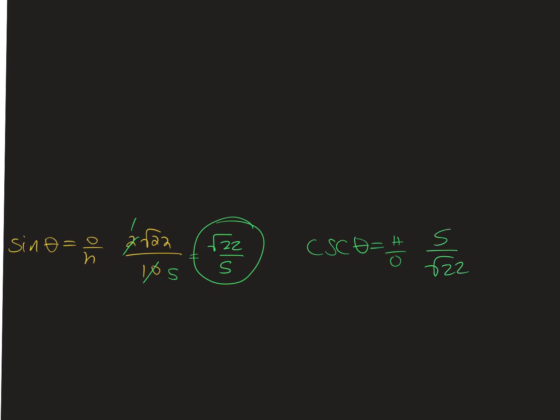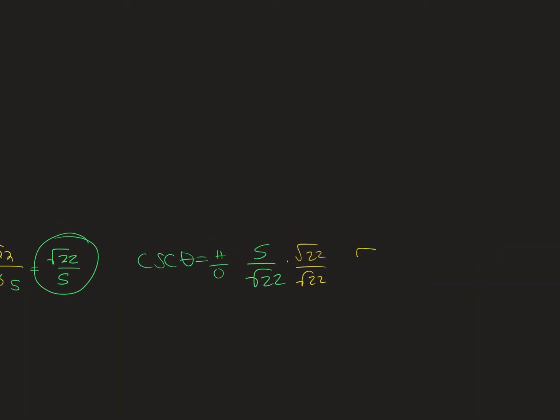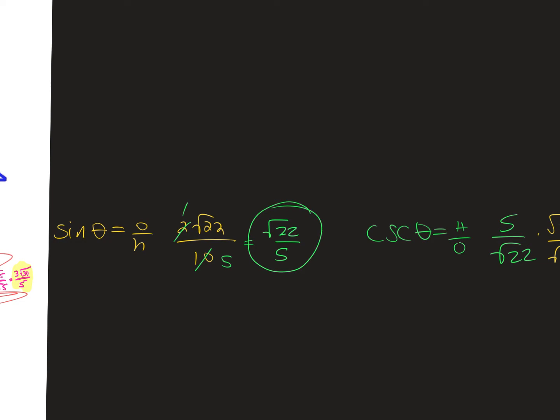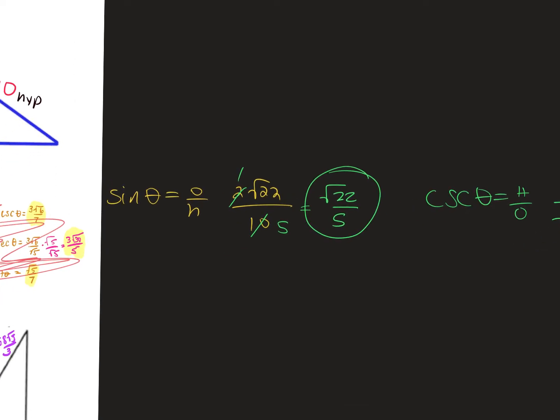And then what happens? I have to fix this, right? This becomes top and bottom by radical 22. So I have 5 root 22 over 22. Does that make sense? Now, again, you could have started with 10 over 2 root 22. You would have simplified and then gone through the motions there.